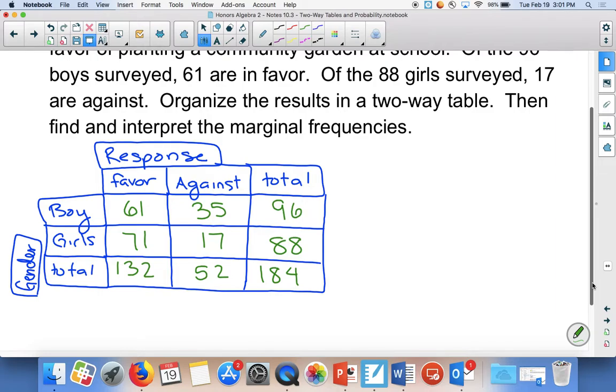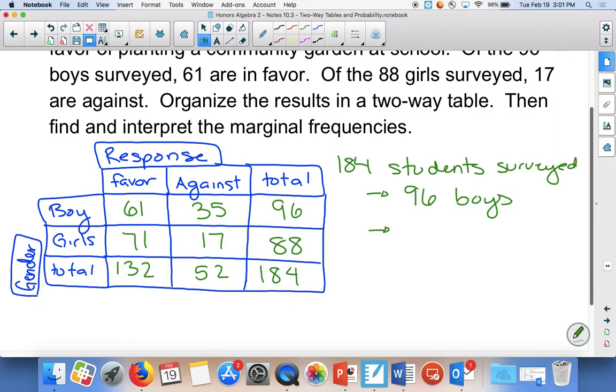So the marginal frequencies here, just write out what everything is. So you've got 184 students surveyed. And then you break that down into the 96 boys who were surveyed, and then the 88 girls that were surveyed.